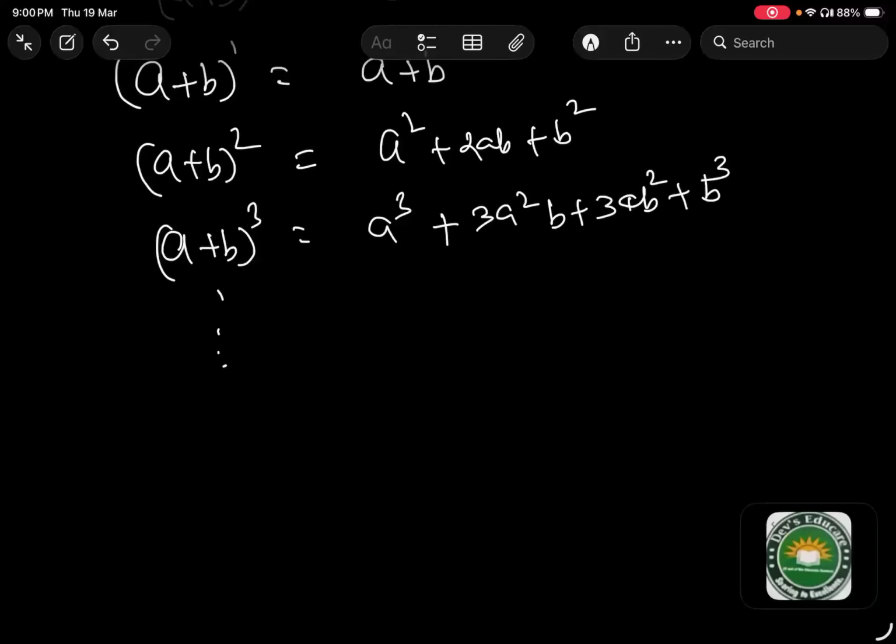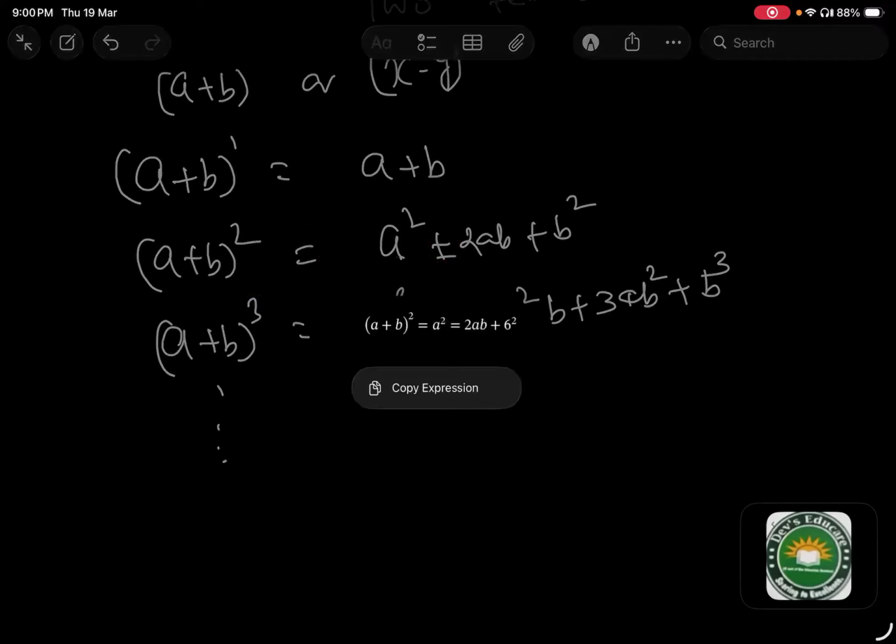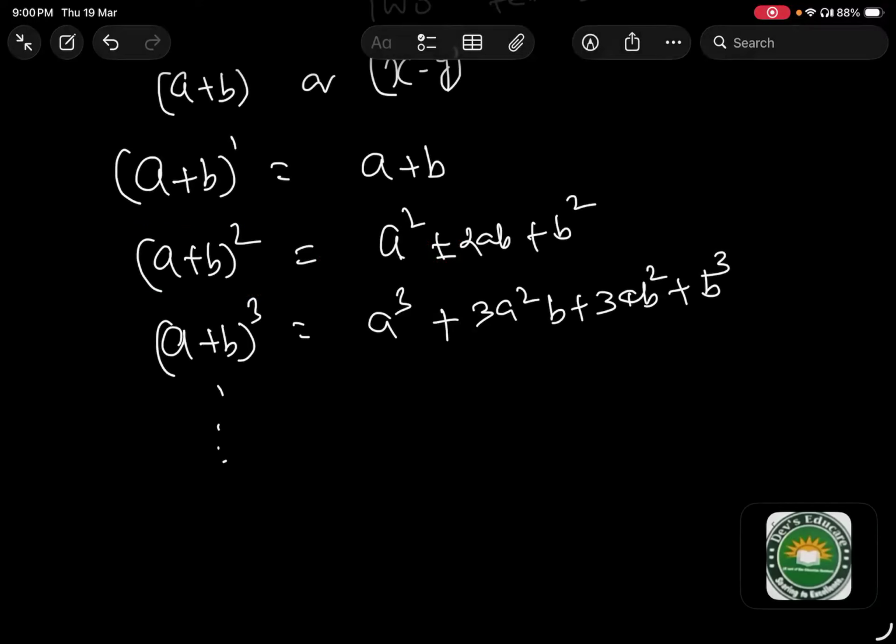So what we see in all the terms, the power of a decreases and power of b increases. Here power of a is 2 in a plus b whole square, and power of a in the second term is 1 and power of b in the second term is also 1.